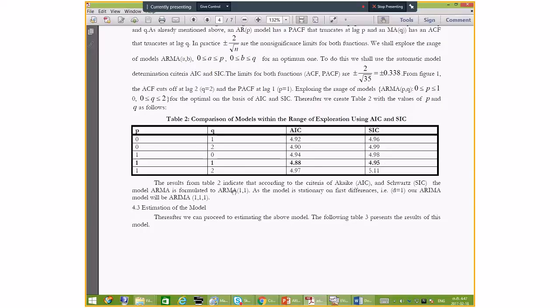Table 2 indicates that according to these two criteria, the autoregressive moving average model is formulated as ARMA(1,1), and as the model is stationary on first difference, D is 1. Then ARIMA is (1,1,1).